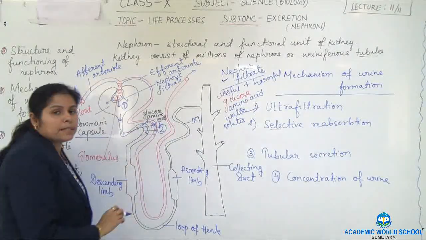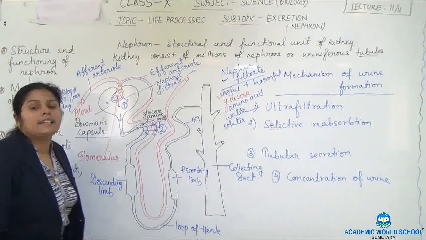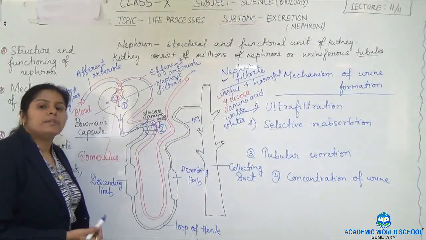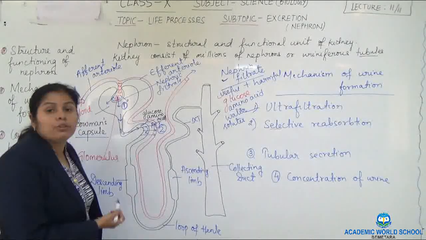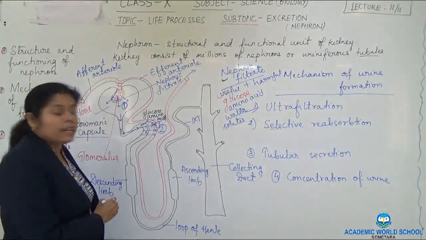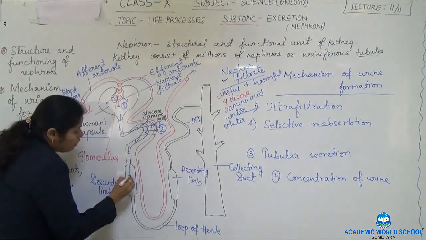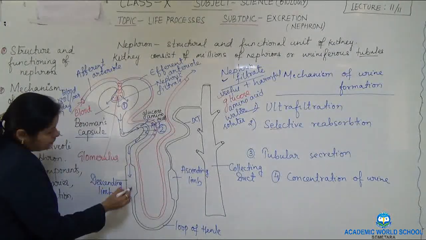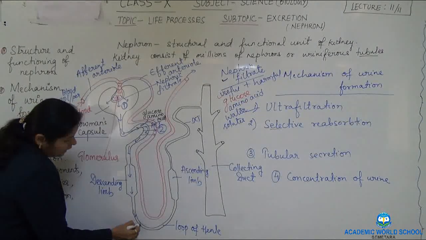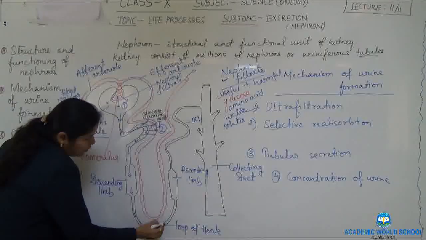Now, not 100% of the important and useful materials will be absorbed, but about 80% will be absorbed. Still, some useful material remains in the nephric filtrate. Now what happens? This nephric filtrate moves down through this descending limb and enters into the loop of Henle.